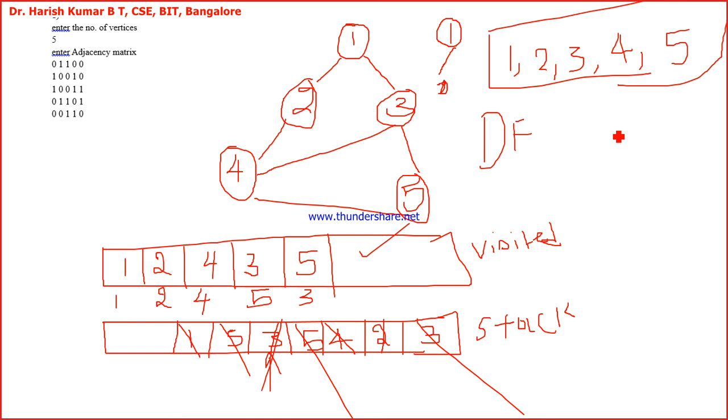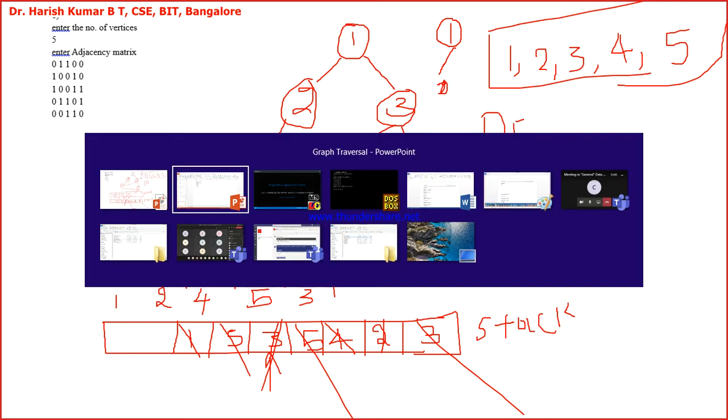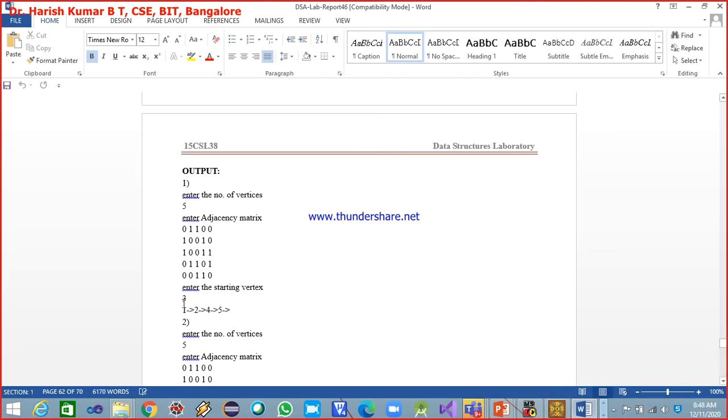Okay, now here this sequence was written by taking the starting vertex as 3. So you can also check by considering 3 as the starting vertex, and you have to get this sequence.